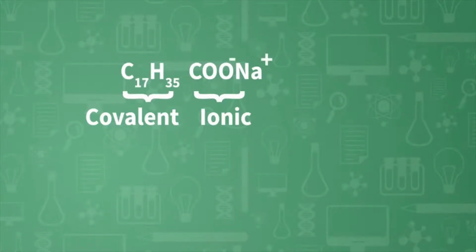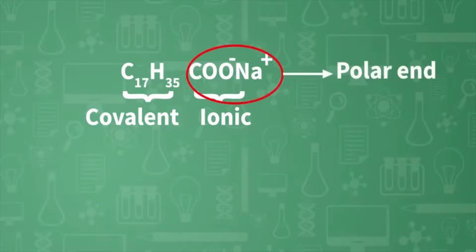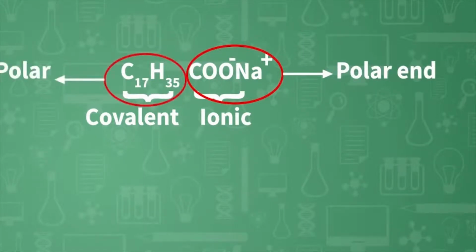In the soap molecule, we have two ends. One is the polar end and another one is the non-polar end. The ionic part of the molecule is the polar end because it has polarity of plus and minus. And the non-ionic part is called the non-polar end.